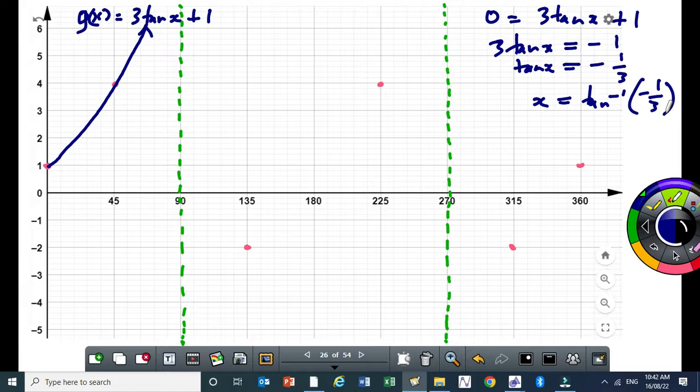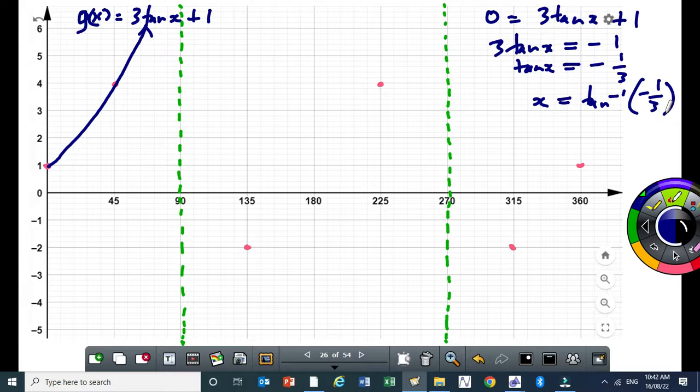Now, what this tells us is that when I indicate the two x-intercepts, one of them must be in the second quadrant. So how do I get the value in the second quadrant? You say minus 18 degrees plus 180. You get 162.